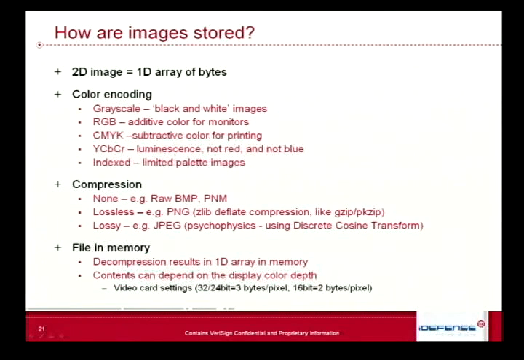And with compression, the files themselves can either use no compression, like raw full color bitmaps, or the PNM format, which we use a lot in the tools. Lossless compression, such as PNGs, use the zlib deflate compression, which is the same compression as is used by gzip and also by pkzip's deflate method.